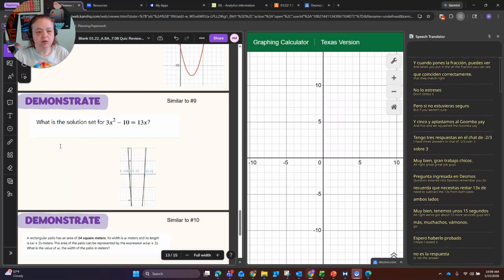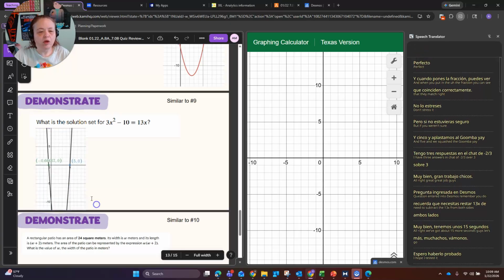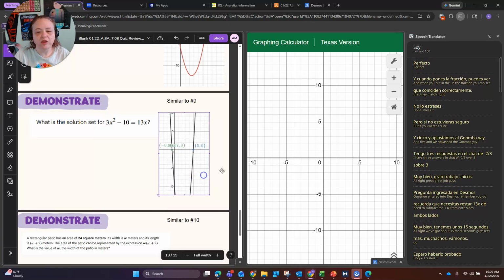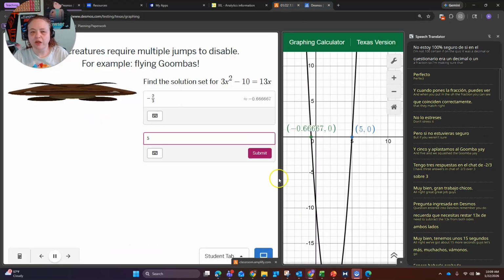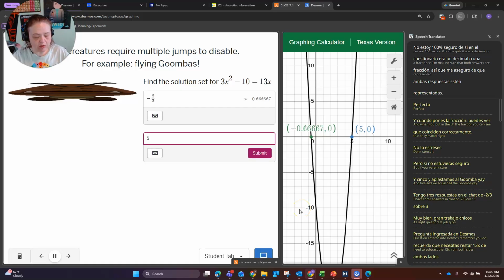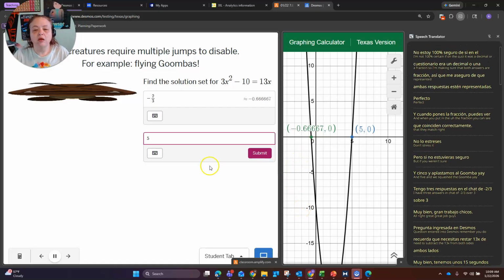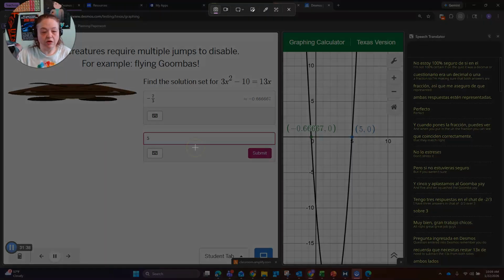Perfect. I'm not 100% certain if on the quiz it was a decimal or a fraction, so I'm making sure that both answers are represented, mostly because putting decimals in to get a correct answer on Amplify is a pain.